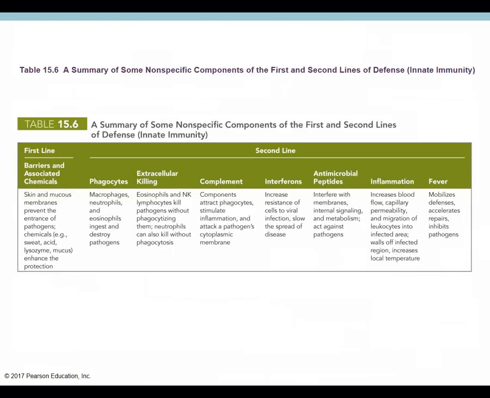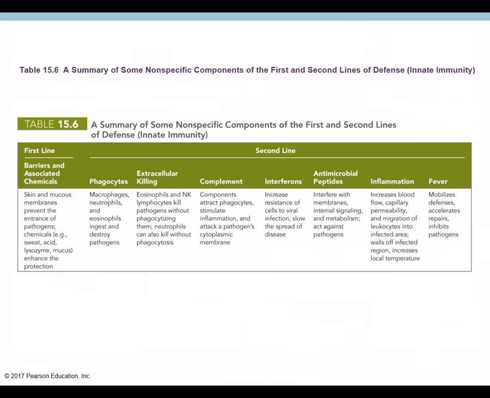So this picture shows all the components of the first line of defense and the second line of defense. The first line of defense is skin and mucous membranes. The second line of defense includes the phagocytes and other white blood cells that secrete toxins and chemicals to kill microbes and invaders, plus the inflammation and fever processes which make those cells more able to stop the pathogens.